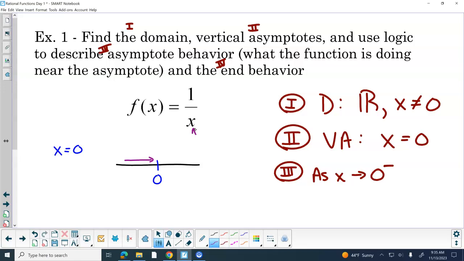What's my denominator? I'm approaching 0 from the left. It's negative. So a positive divided by a negative is negative, right? Okay. So my function would approach negative infinity. Because my function is getting bigger and bigger, it's just getting bigger and bigger negative.